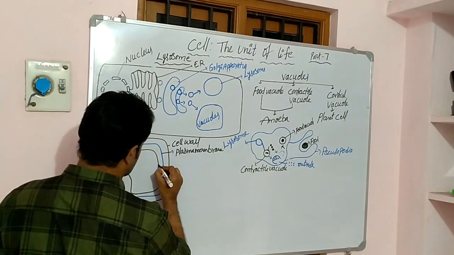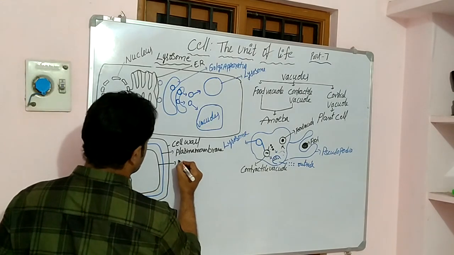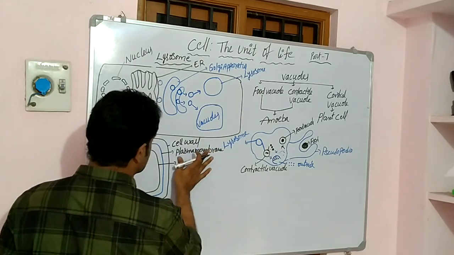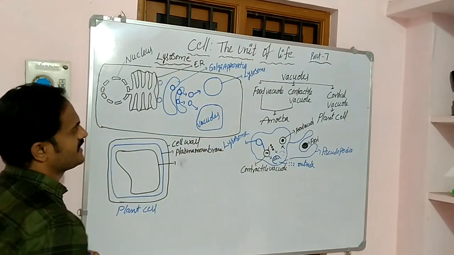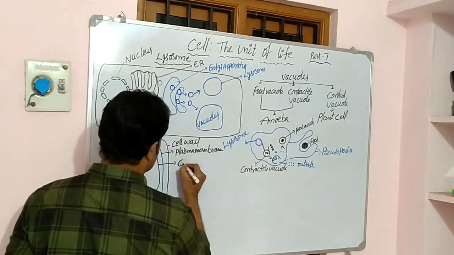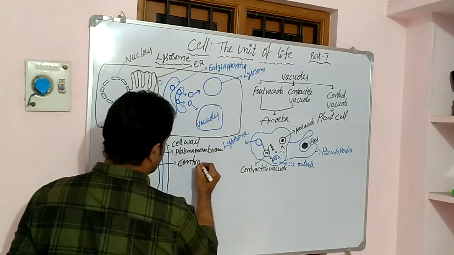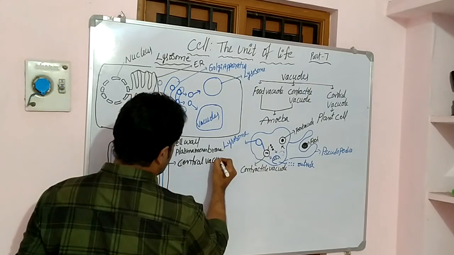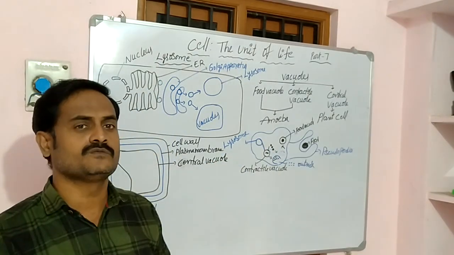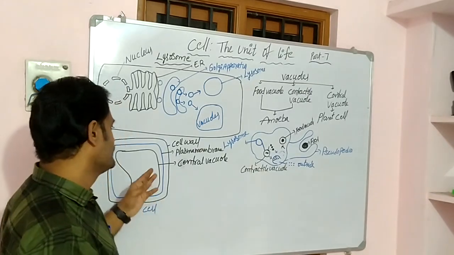So this part of the plant cell is called vacuole. Which type of vacuole is it called? Already I wrote: central vacuole. Remember, the central vacuole is present only in plant cells.